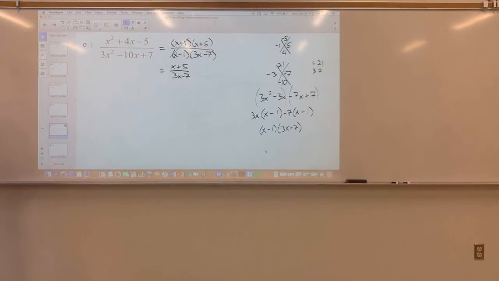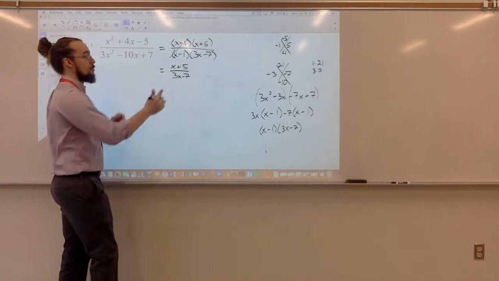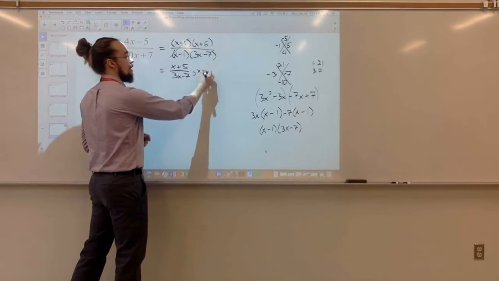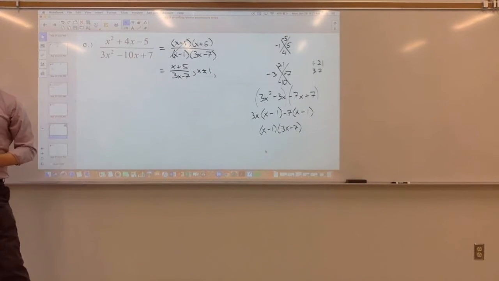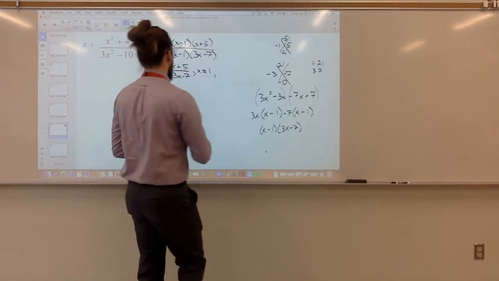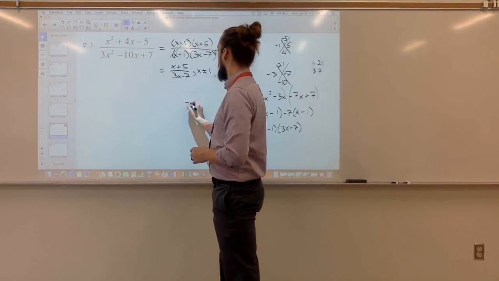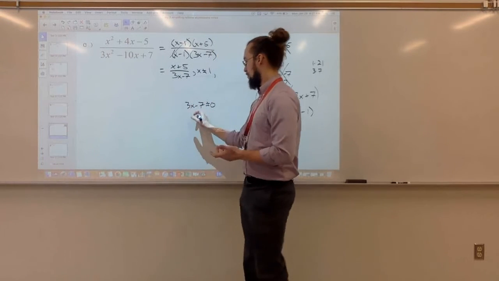Now we have to do our restrictions. For sure, positive 1. This one will give me positive 1. What about this one here? How would I figure that out? We do 3x minus 7 not equal to 0.